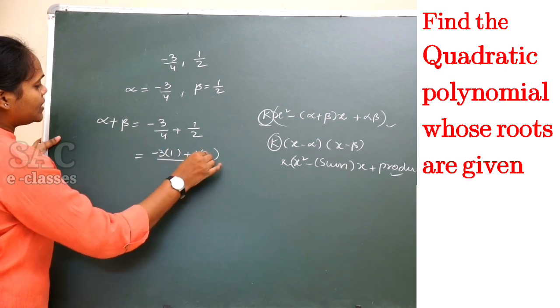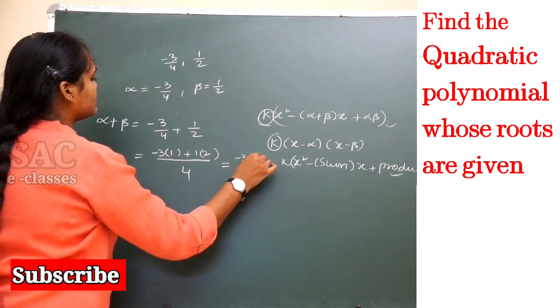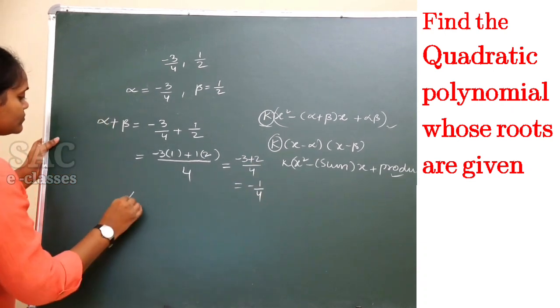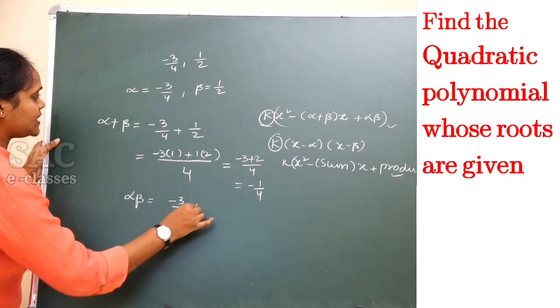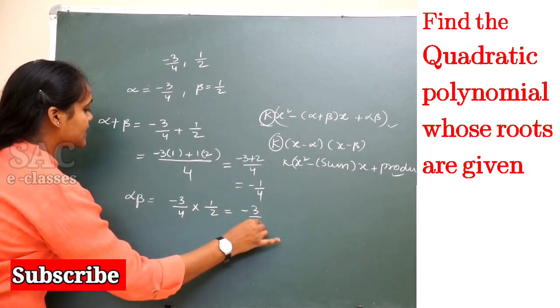It is 1 time and it is 2 times. You get minus 3 plus 2, which is minus 1 by 4. Then find alpha into beta. You know alpha into beta is minus 3 by 4 into 1 by 2, which will give you minus 3 by 8.